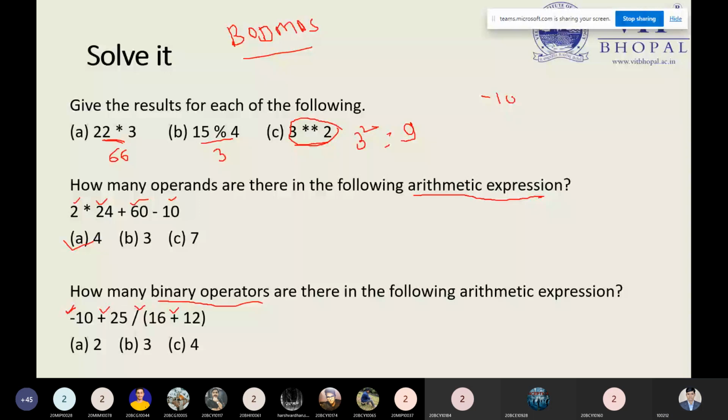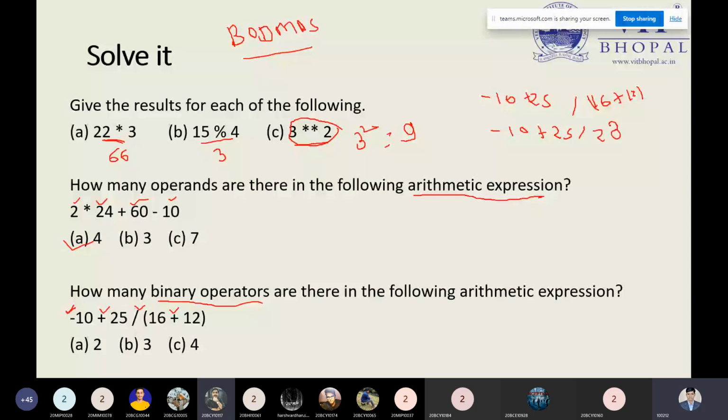Minus 10 plus 25, division, and 16 plus 12 I have. The first part to be evaluated is the bracket. So the next step will be 10 plus 25, the division operator will be as it is, and 16 plus 12 will be 28.